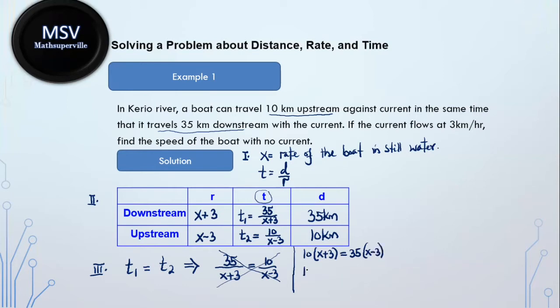So this gives us 10x plus 30 is equal to 35x minus 105. And then we combine like terms. So I'm going to subtract 10x from both sides, and then add 105 on both sides of the equation.